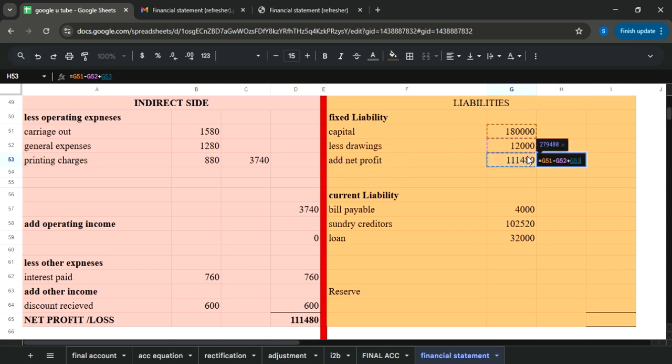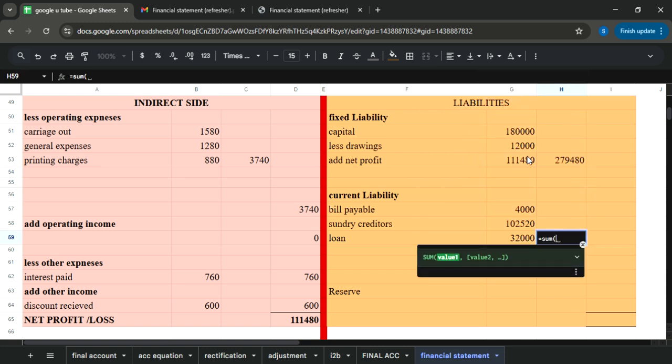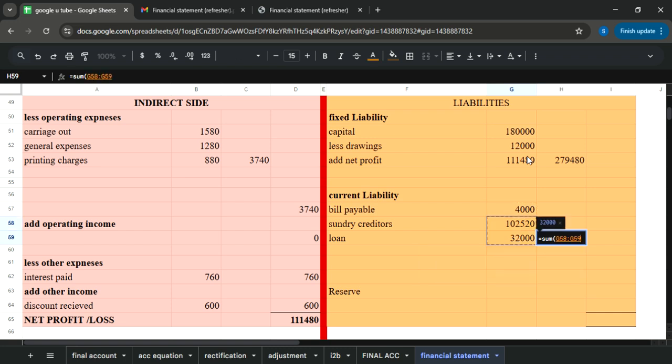So we have got sum of fixed liabilities, then you will take sum of your current liabilities, and finally there are two items, fixed liabilities and current liabilities.